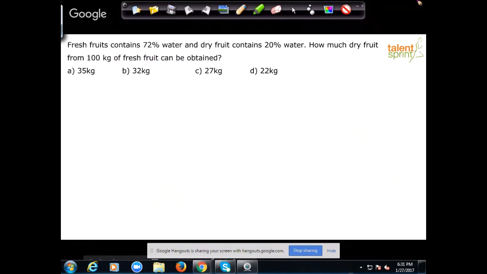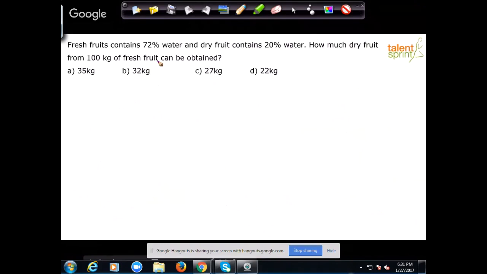See what it says. Fresh fruit contains 72% water and dry fruit contains 20% water. How much dry fruit can be obtained from 100 kg of fresh fruit?